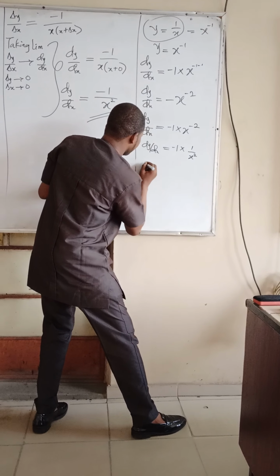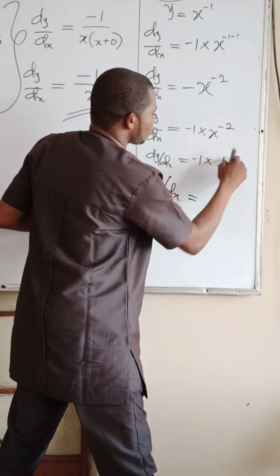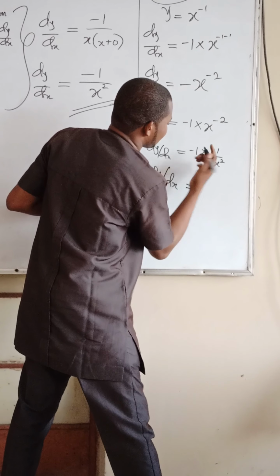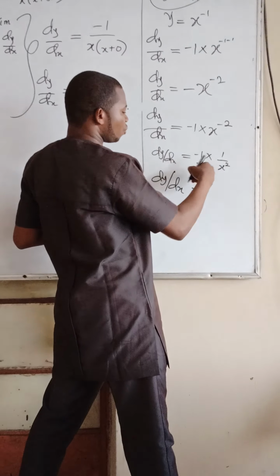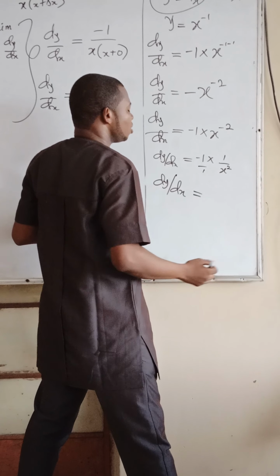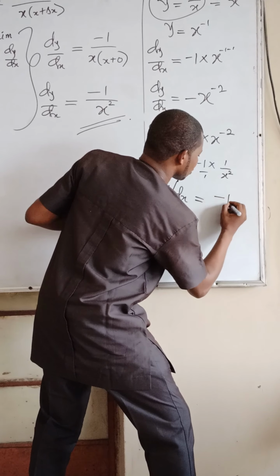So at the end of the day, our dy/dx becomes minus 1 times 1. You can make this one look like a fraction as well, so as not to confuse you. This is minus 1 over 1, which is still minus 1. So minus 1 times 1 will give us minus 1, all over 1 times x squared, which is x squared. It's still the same answer.